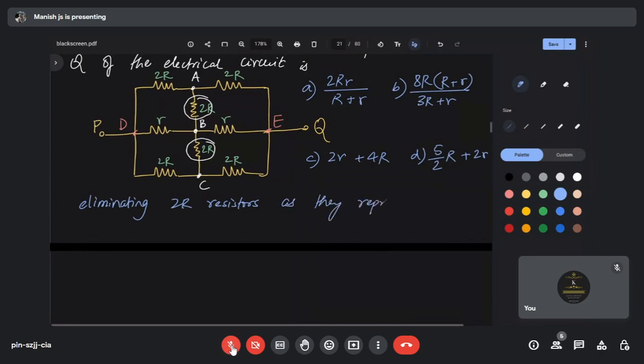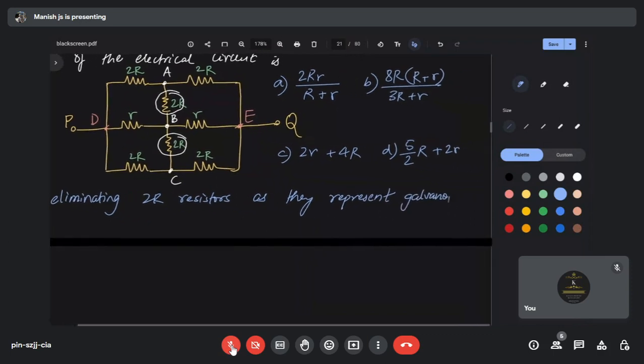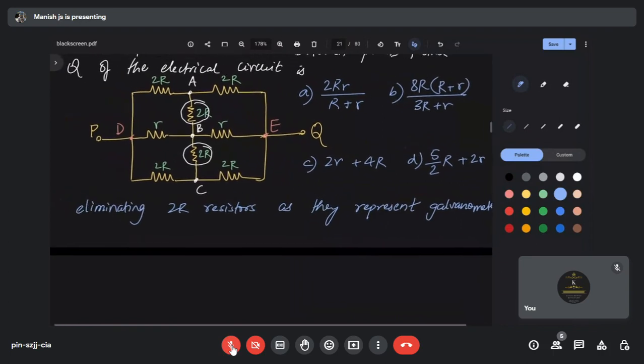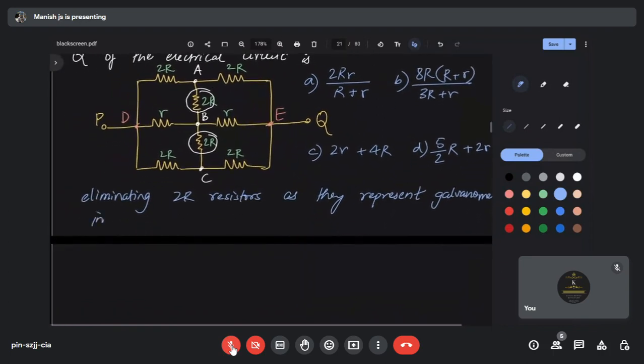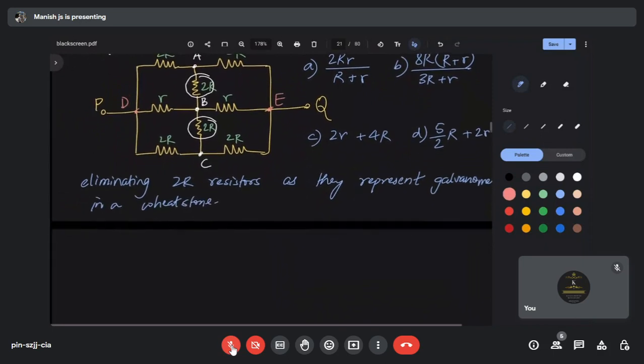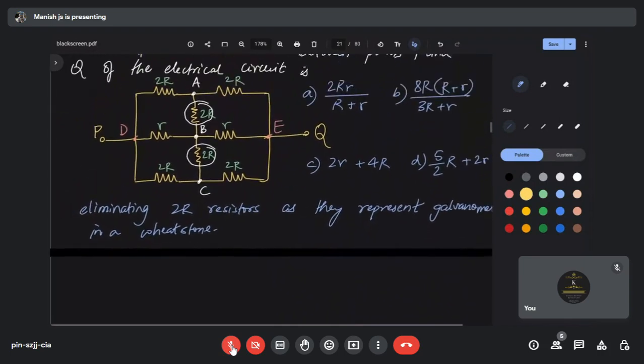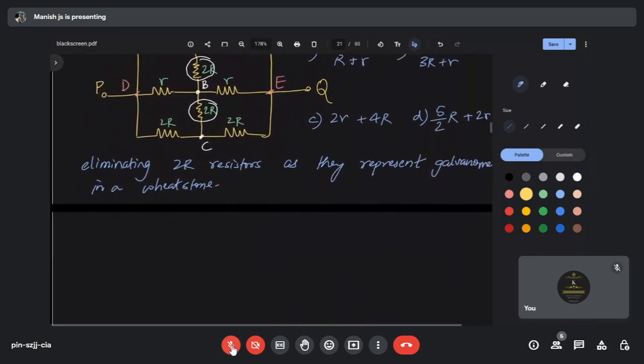as they represent galvanometer in a Wheatstone. So I'm eliminating that 2R. Once you eliminate that, the circuit is going to get simplified further.